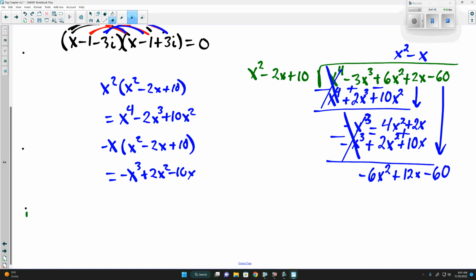And the last thing is what times x squared is negative 6x squared? Negative 6. So we're doing negative 6 times our x squared minus 2x plus 10, which is going to give us negative 6x squared plus 12x minus 60.